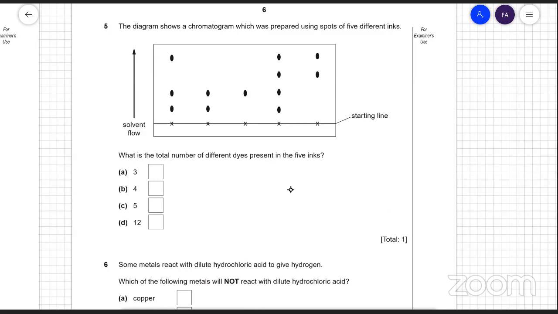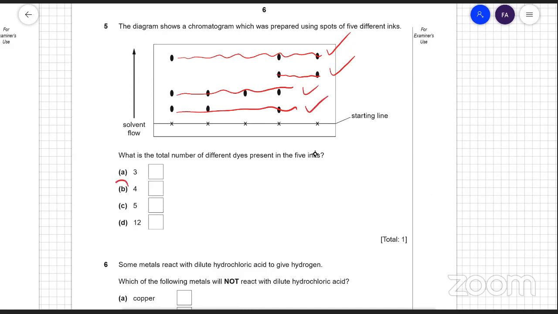So as you can see, dyes that travel the same distance are basically the same dye. So these 3 dyes, if I can mark them, these 3 dyes over here, they're basically the same dye. These 2 dyes are traveling the same distance, so they are also the same dye. These 4 dyes are the same dye, and these. So in total that's 1, that's 2, that's 3, and 4. The 4 different dyes in this chromatogram.